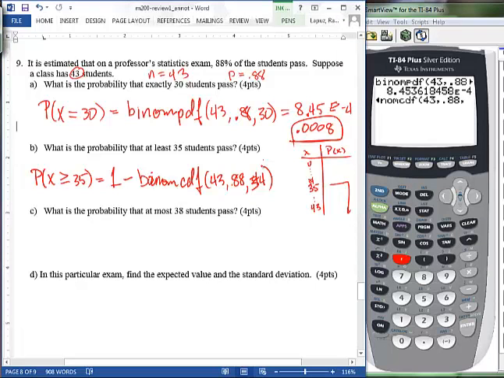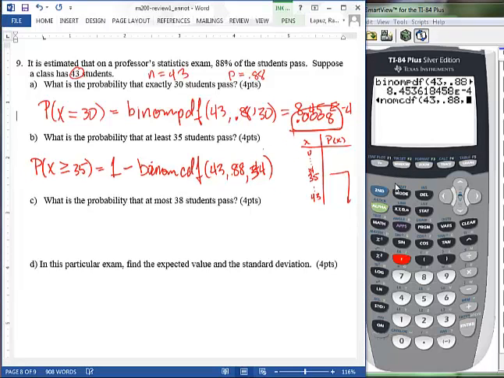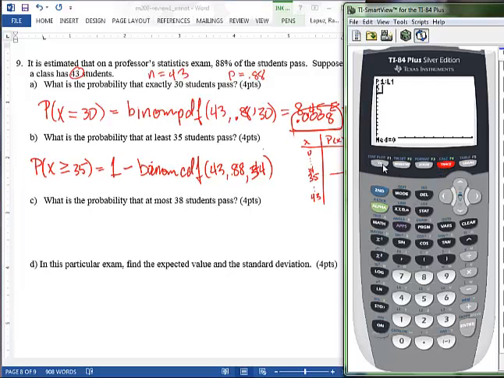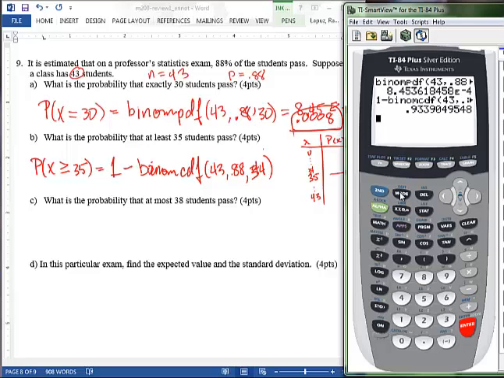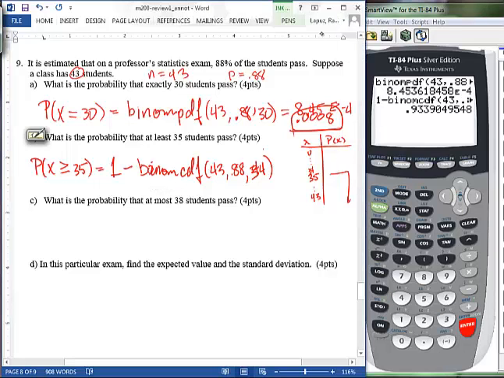Sorry, 34. Alright, let's try that again. 1 minus binom CDF, 43, 0.88, and then 34. And then if we hit enter, we get a probability of 0.9339.